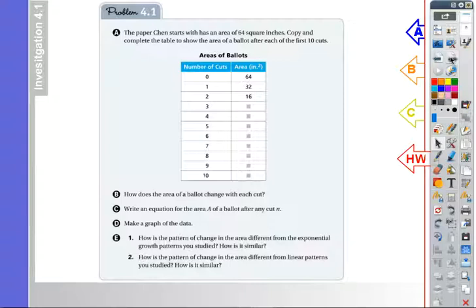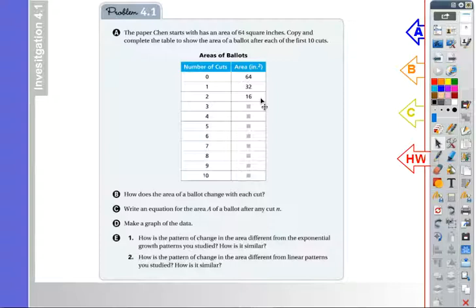After two cuts, each ballot has 16 square inches. He is going to continue to cut the ballots 10 times, so that he has a whole bunch of ballots, but they're going to be really, really small. And we want to figure out the area of each ballot using the pattern that we are observing in this table. In question B, how does the area of the ballot change with each cut?